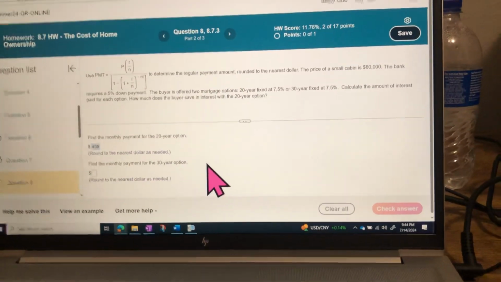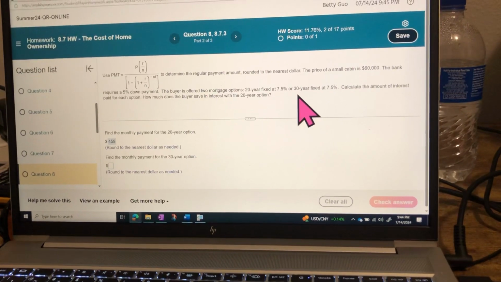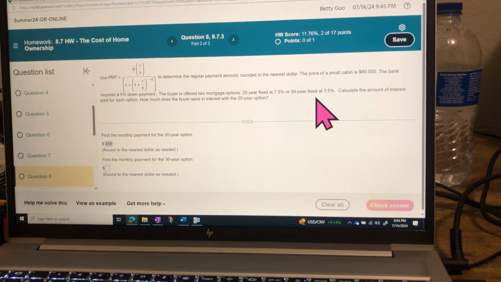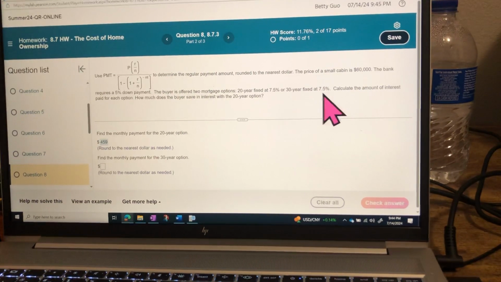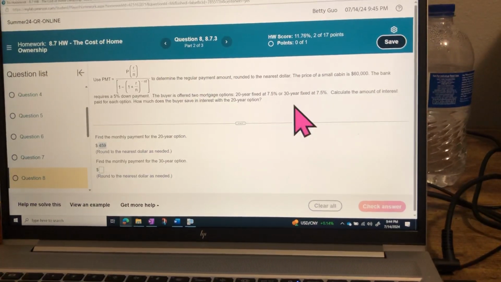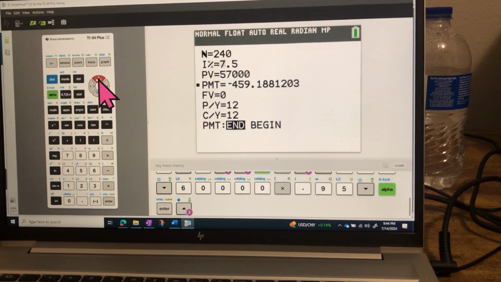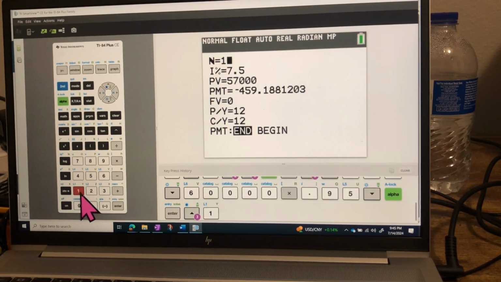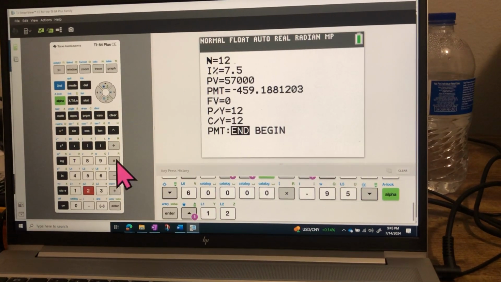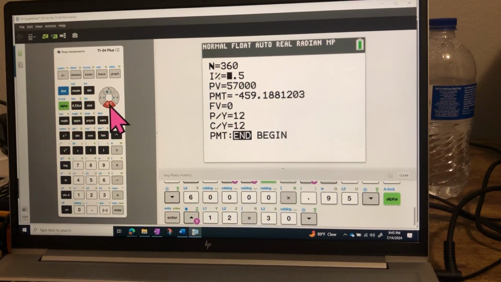Second part, we need to find the monthly payment if you choose the 30-year option, knowing the 30-year also has 7.5% as the annual interest rate. So just the number of years is different. Everything else is the same, so all we need to do is change the first entry. 30 years, and every year you pay 12 times, so this time capital N equals 360.